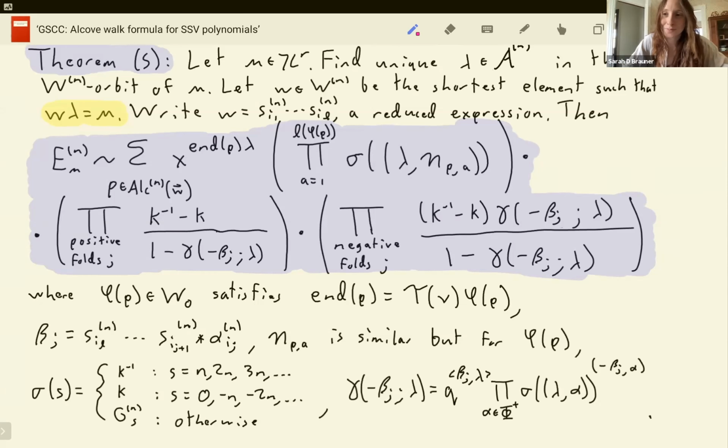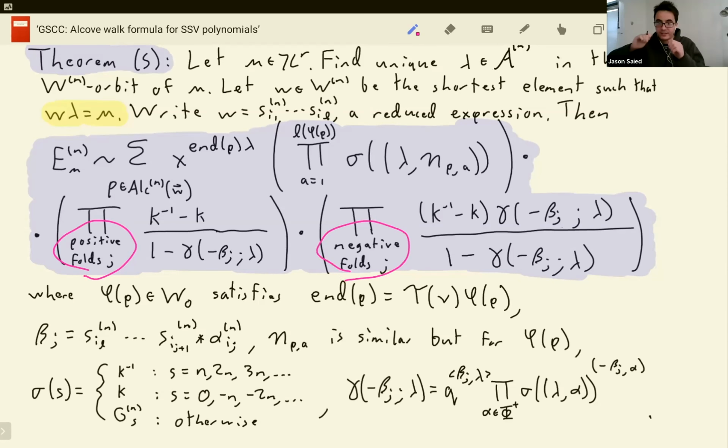Cool, thank you. So do you have a combinatorial representation for this Littlewood-Richardson coefficient you're looking at? Yeah, so in the end, they will also be described by certain alcove walks. I didn't talk about this in the talk, but in the alcove walks, each fold has what's called a positive and a negative sign.